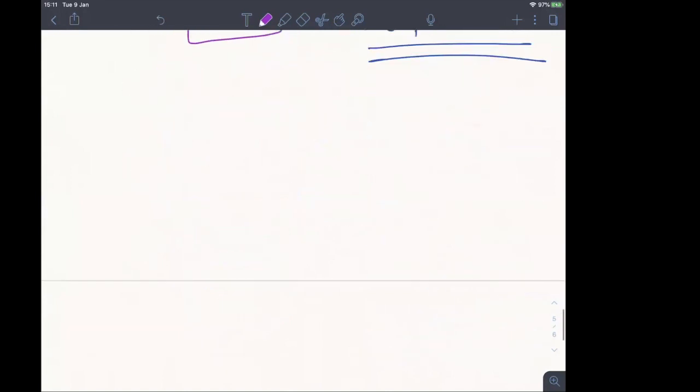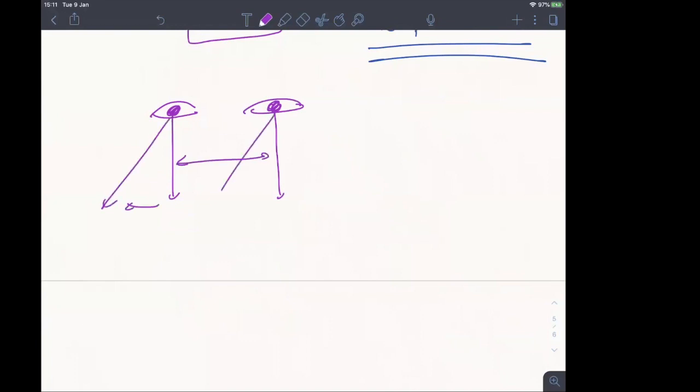So basically, when you look at the eye, the direction of the gaze has to be parallel. Whether you're looking here or you're looking here, that direction has to be parallel.